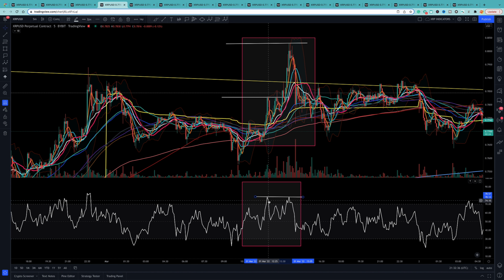So the RSI is level, but price action is here, and then price action is there. So look at all this, but yet the RSI couldn't make it past this peak. So this is how you know it's a fake out rather than a breakout.